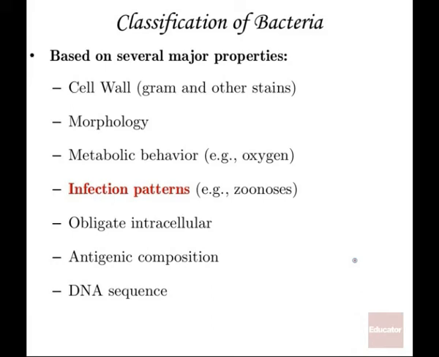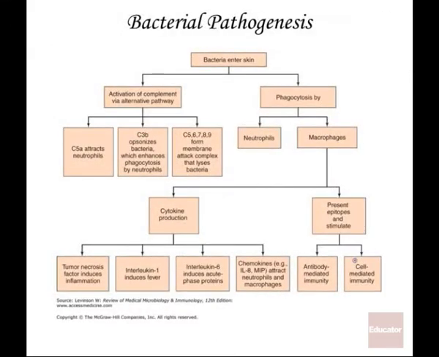So we're back to our classification slide, and infection patterns are really, as I explained, a very important criteria to use in relationship to classifying bacteria. So in terms of pathogenesis, in terms of the ways in which bacteria cause disease, this is just an example of bacteria entering the skin, for instance, in an open wound.